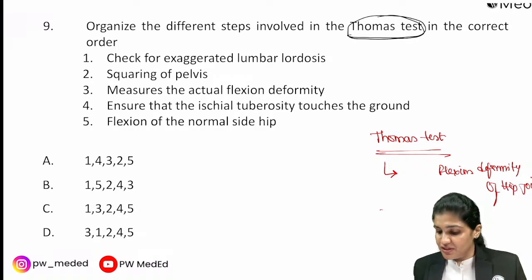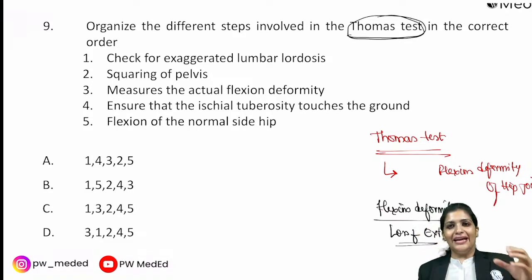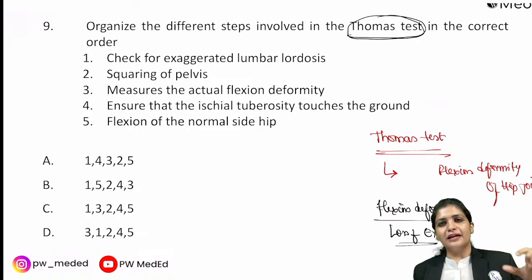What is a flexion deformity? It is nothing but loss of extension. The patient cannot extend the hip joint, so it results in flexion.